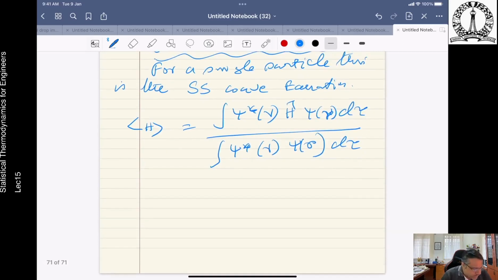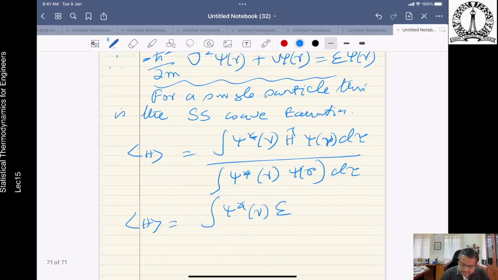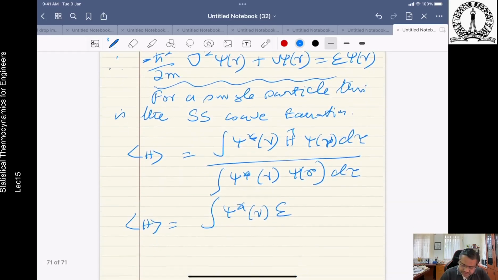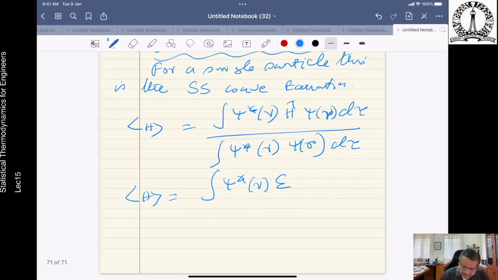H is nothing but the total energy operator E, divided by the integral over tau.